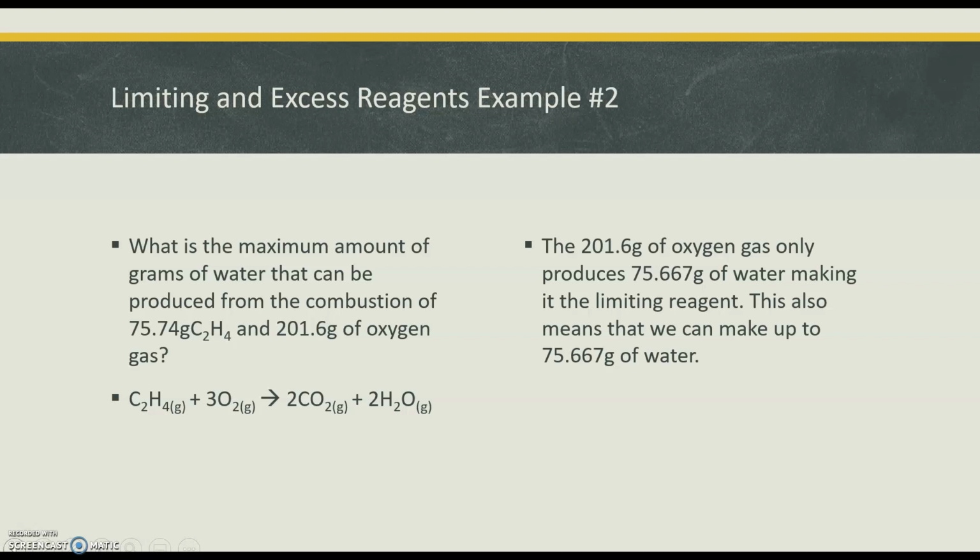So let's look back at the last example we did in our limiting and excess reagents video. In this example, we had looked at a combustion reaction between C2H4 and oxygen gas and identified that our 201.6 grams of oxygen gas was our limiting reagent. We found that it produced a calculated 75.667 grams of water.